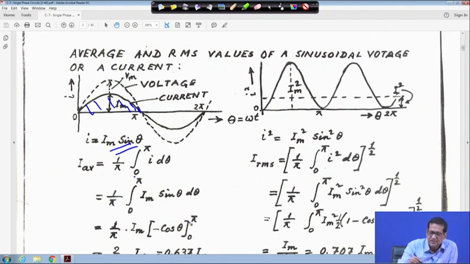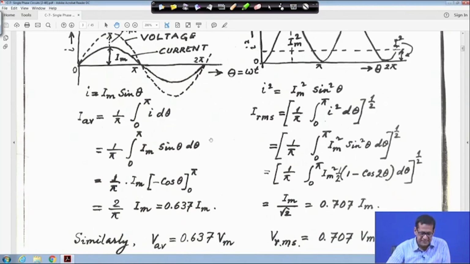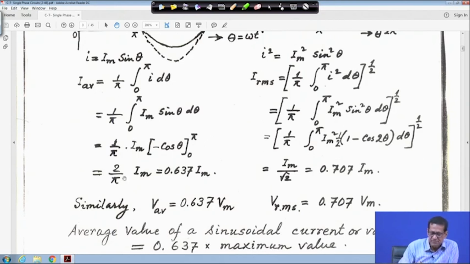After simplification it comes to 2 upon pi into Im, which is 0.637 Im. This is the average value, I average is 2 upon pi Im, equal to 0.637 Im.